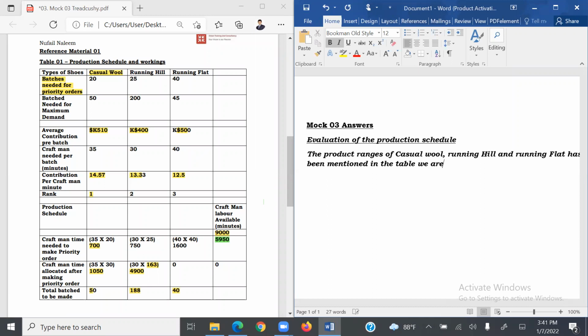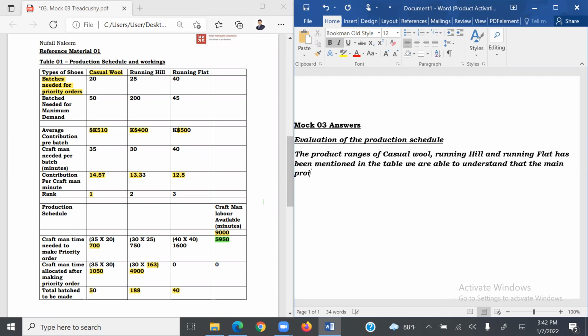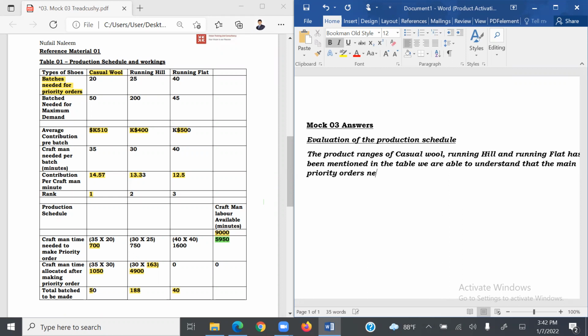We are able to understand that the main priority orders need to be completed.